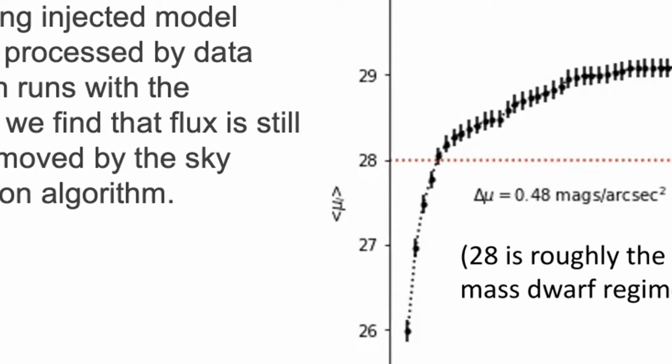And you can see that by about 28 magnitudes per square arcsecond, there's about a 0.5 magnitudes per square arcsecond difference at the moment. So that's roughly the ICL, low mass dwarf regime.